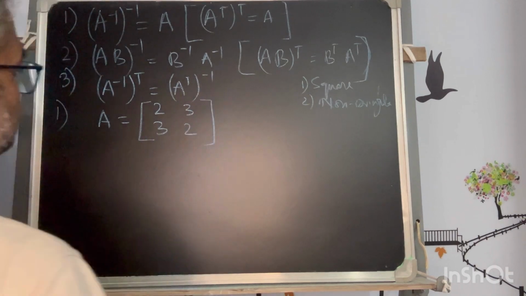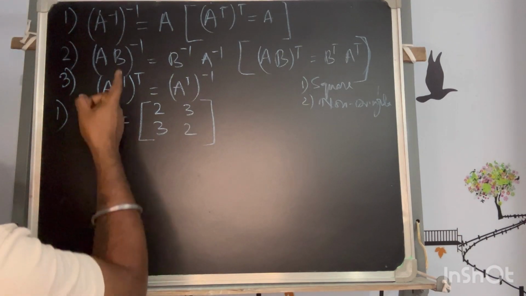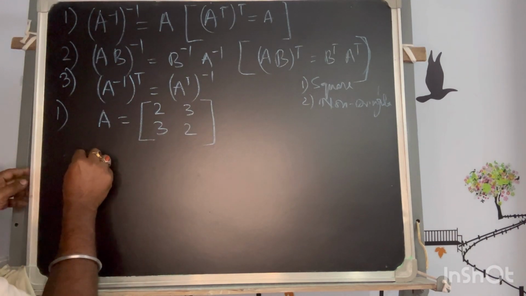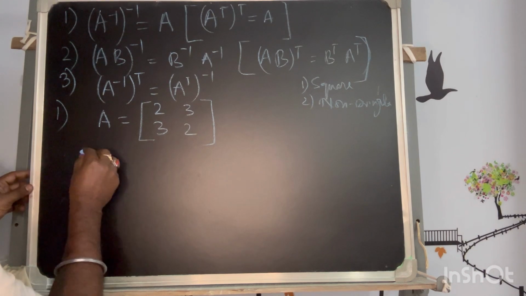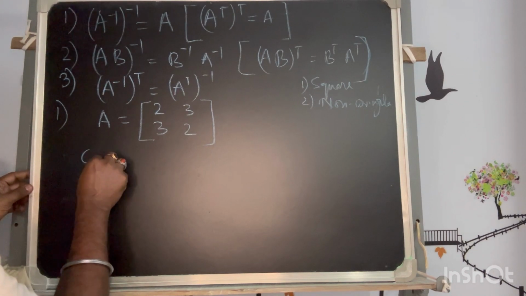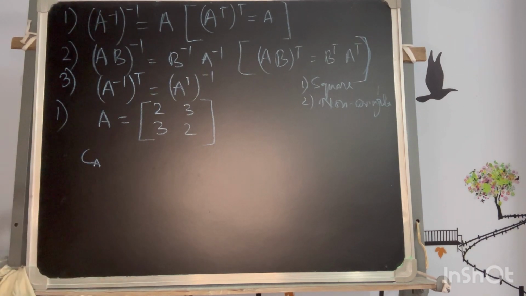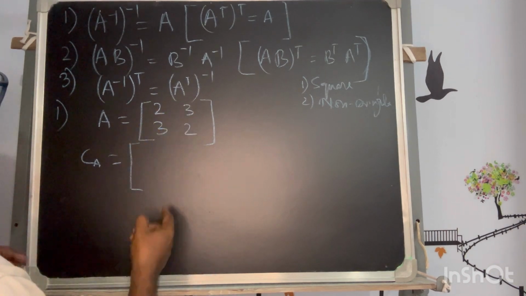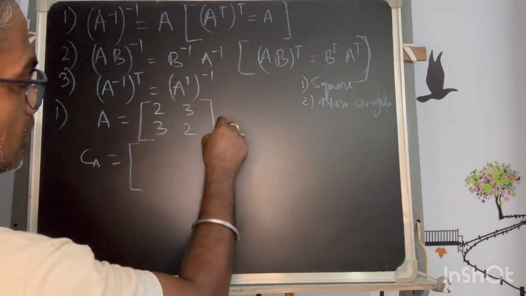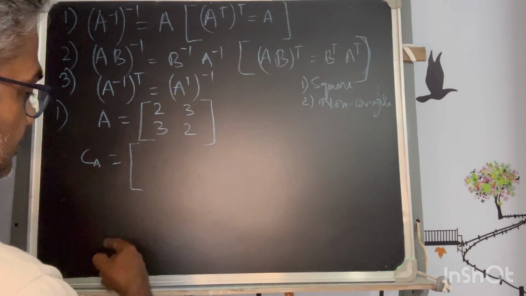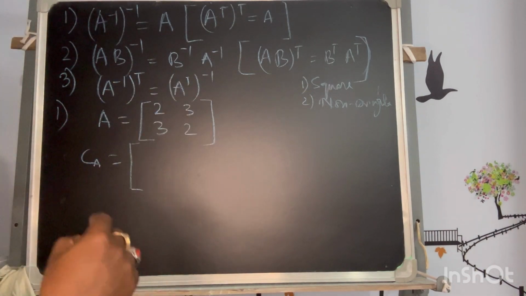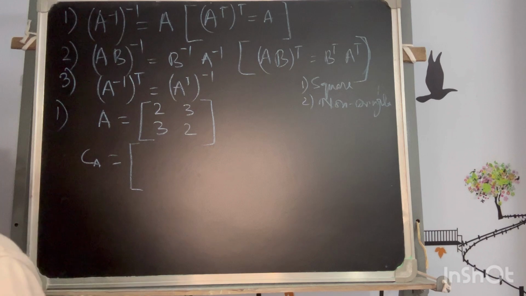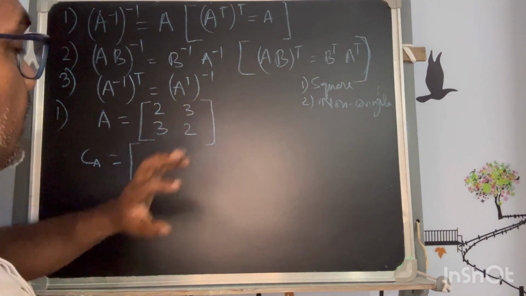Okay, so now to get A inverse, first we have to find the cofactor matrix. Because I am taking 2 into 2 order, it will be very easy to find, but the rules are the same for every matrix. So I am taking it to save time and help you understand.